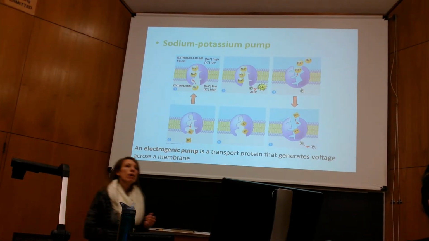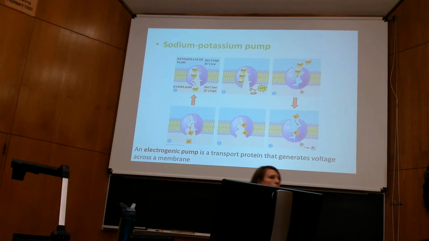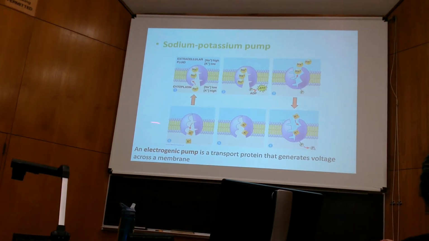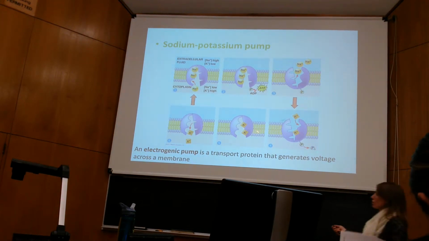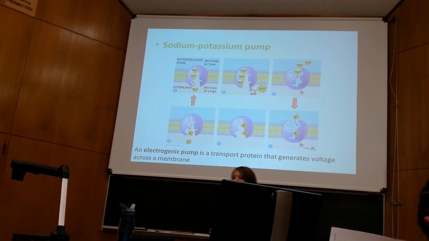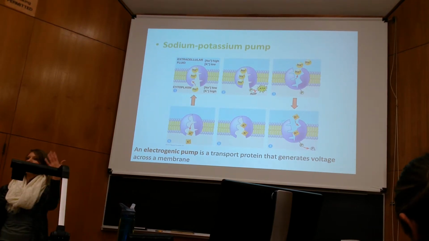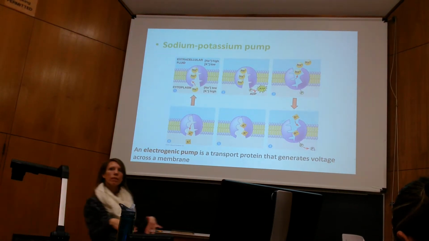There are some ion pumps that don't really have to do with this, but most of them can be considered electrogenic pumps because they're creating electric charge across the membrane. Is everyone following here? This electric charge, membrane potential, more positive outside than inside the cell?